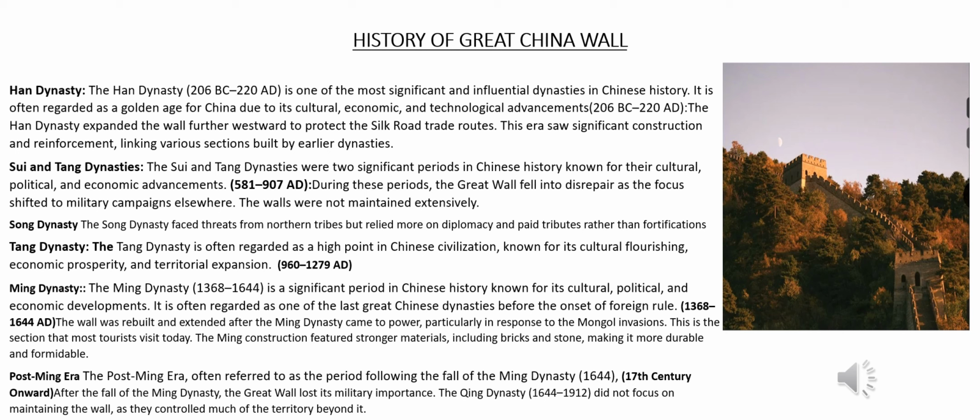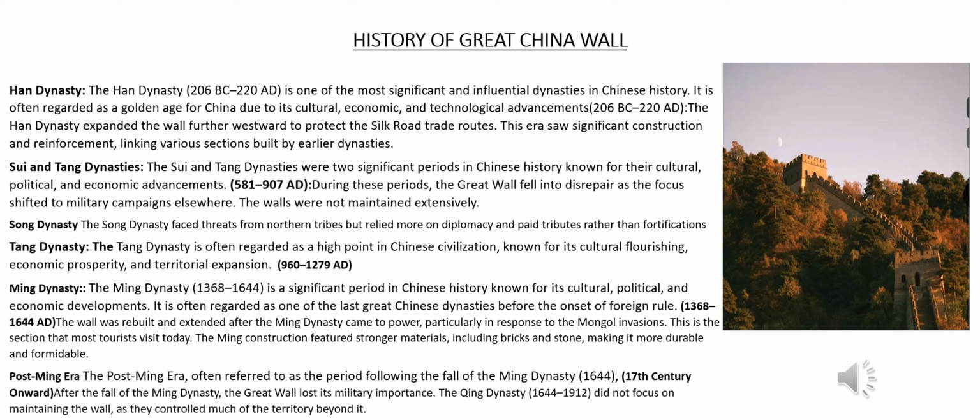The post-era Ming dynasty is often referred to as the period following the fall of the Ming dynasty in 1644, up to the 17th century onwards.